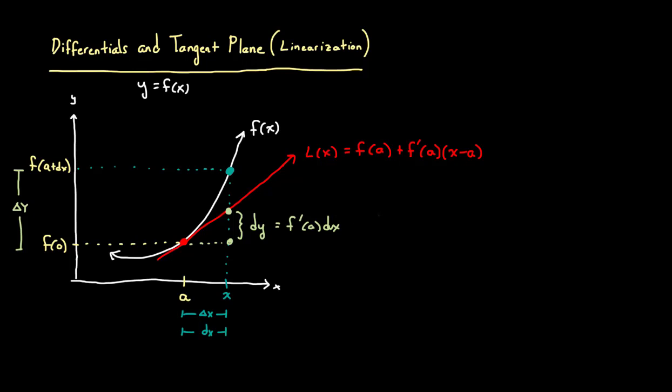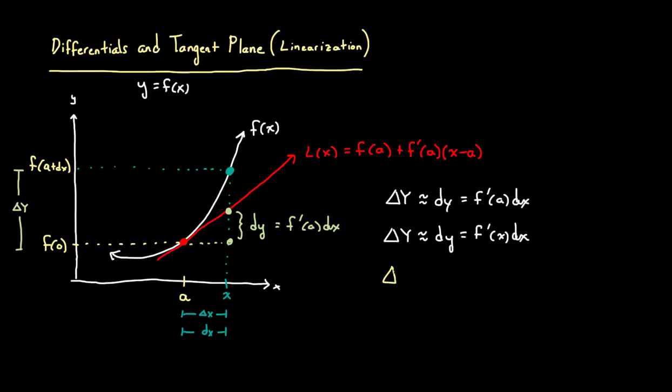And remember, dx and delta x are interchangeable. So delta y is approximately dy, which equals f prime of a dx. We could also say that delta y is approximately dy, which equals f prime of x, to make it more general, times dx.